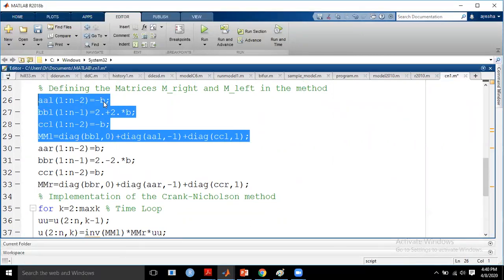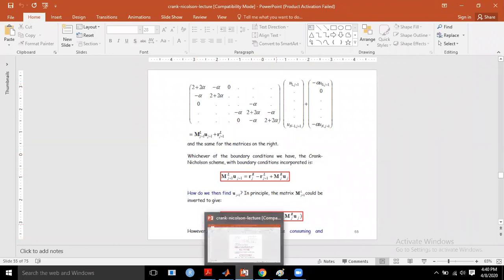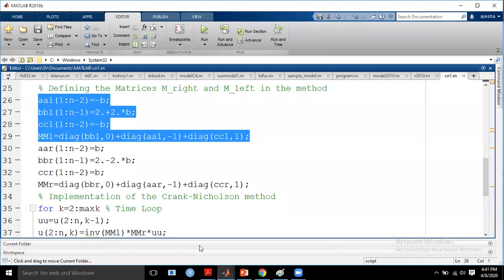You can see that these are the entries along the diagonals: minus alpha, 2 plus 2 alpha, minus alpha. Right here, plus alpha, 2 minus 2 alpha, as given in the numerical scheme here. So now I have defined the matrices. A very easy way is just to substitute these matrices here and evaluate it with the help of a loop. Remember, we will need a loop.